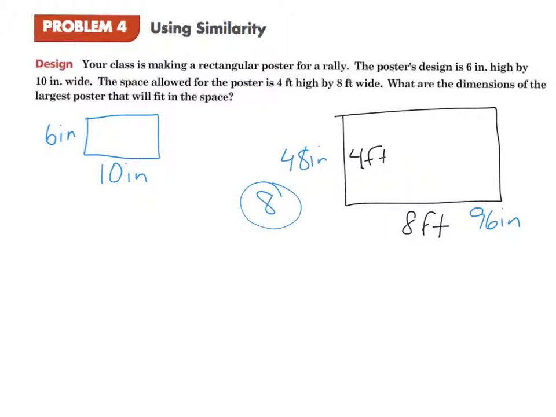And looking at the width, I've got 10 inches and I've got 96 inches. So I know that this can be at most 9.6 times. So of course we have to go with the smallest number, and that is going to be the 8.